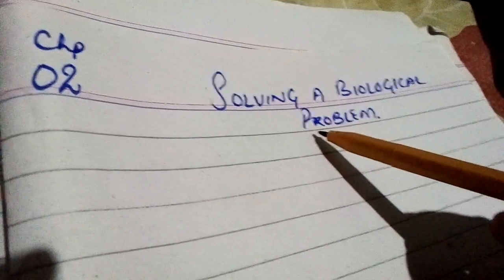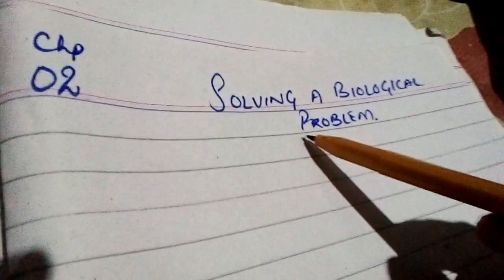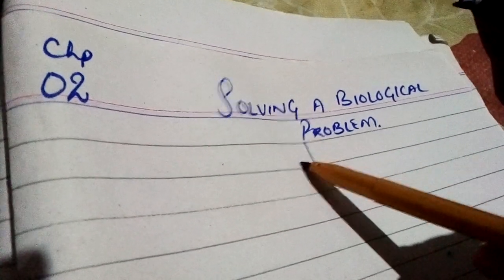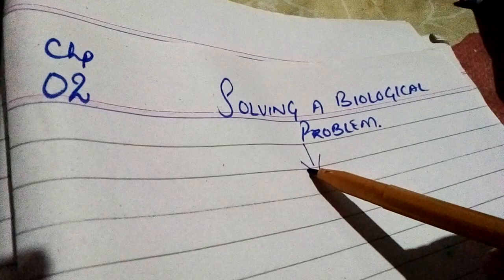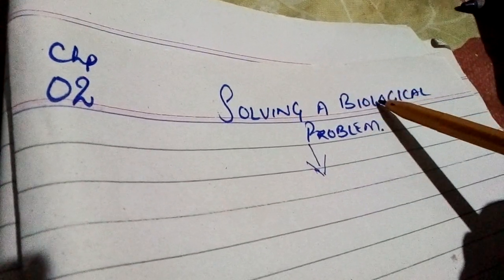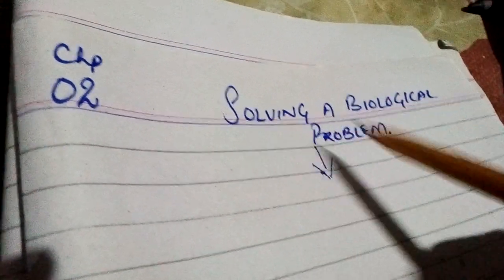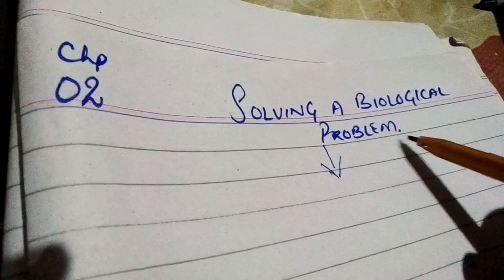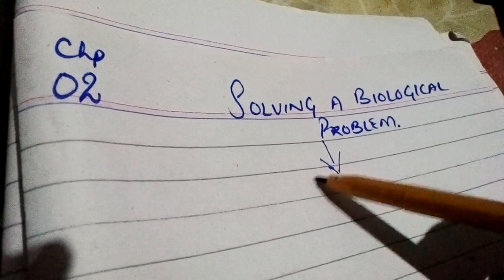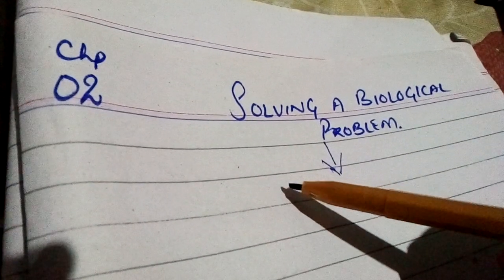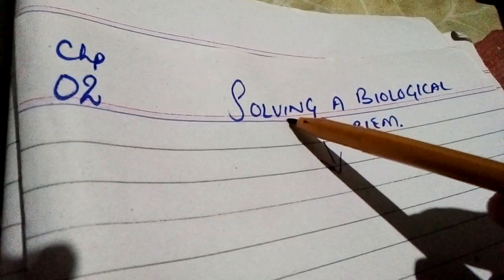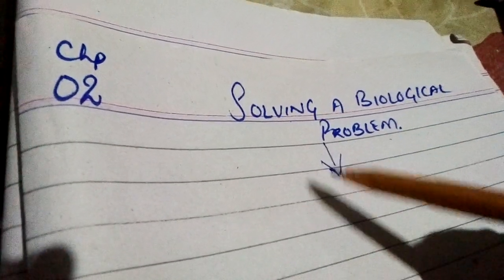How do we solve a biological problem? Many of the students misguide the solving of a biological problem regarding malaria, which we will discuss further. But first of all, we discuss how we solve a biological problem.